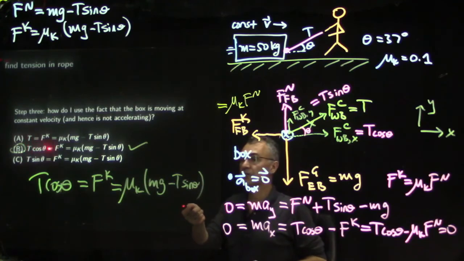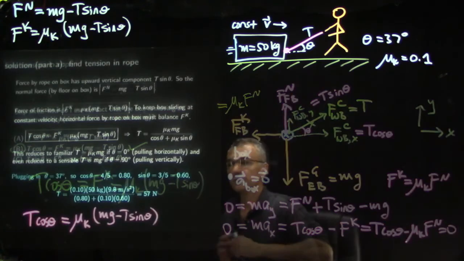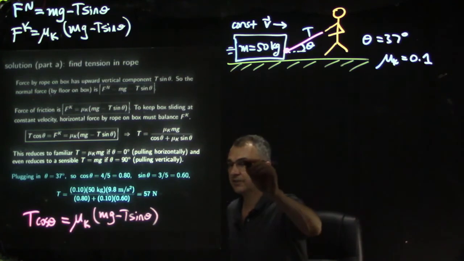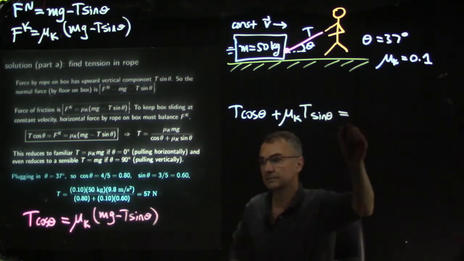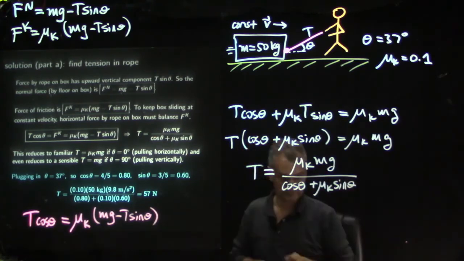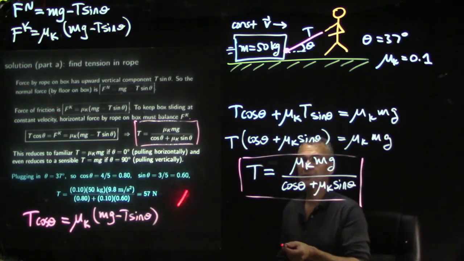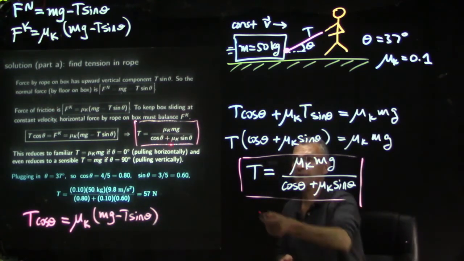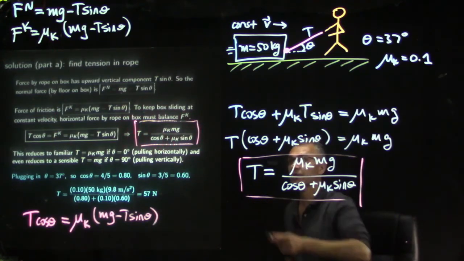So the horizontal component of the tension has to balance the friction force, which is mu kinetic times mg minus T sine theta. So if we solve this for the tension, we get this expression which matches what I wrote on the slide.